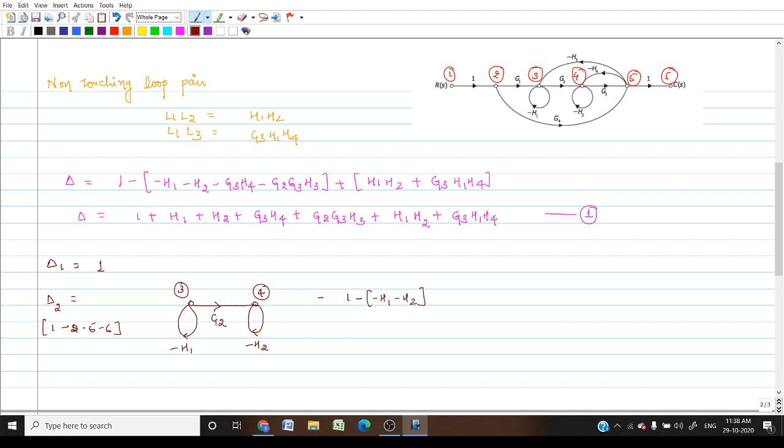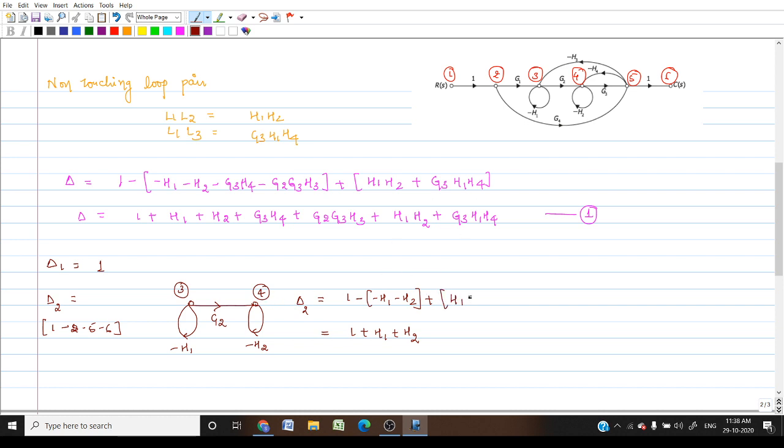So my delta 2 value will be equal to 1 plus H1 plus H2. Sorry, I'll just repeat it again. We have a non-touching loop pair also, that is H1 and H2 are two non-touching loops.